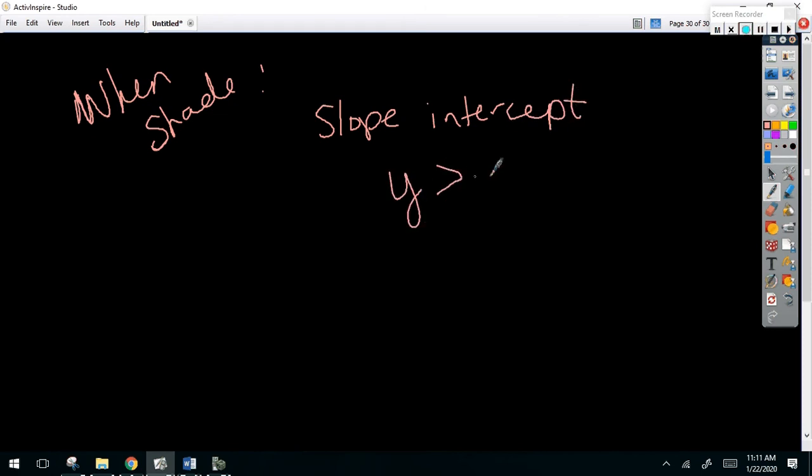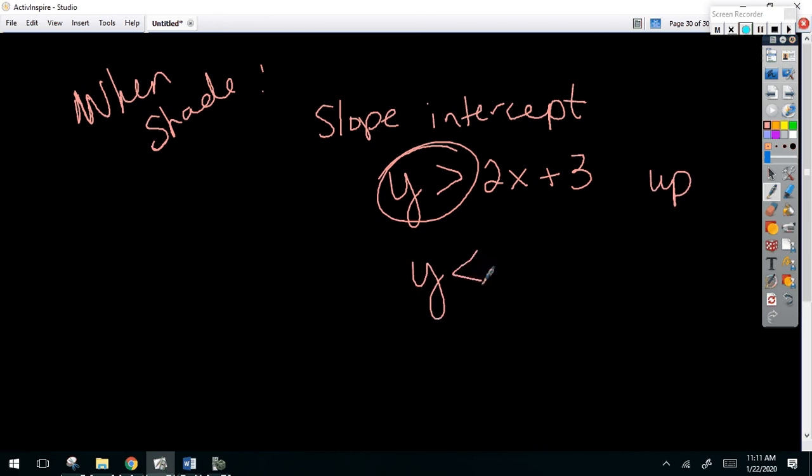If I have y is greater than 2x plus 3, look at which direction y gets bigger. Up, right? So I would shade up. If it was y is less than 2x plus 3, then I would shade down, because y gets smaller as you go down. Does that make sense?